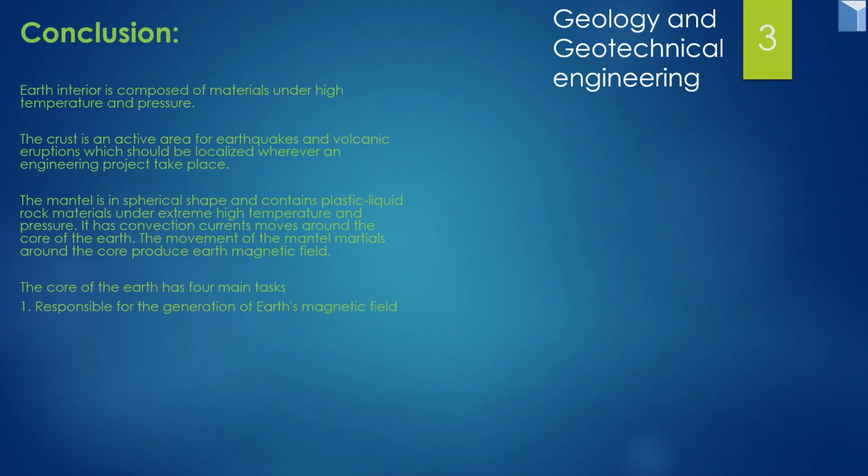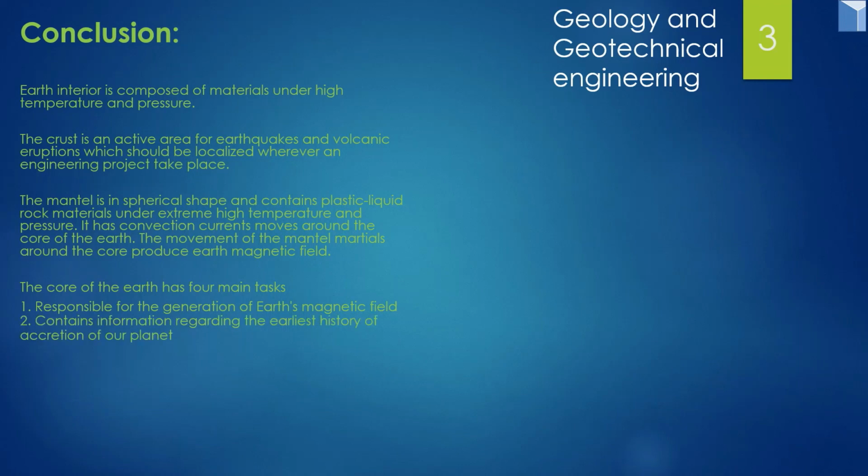The first one is responsible for the generation of the Earth's magnetic field, in collaboration, of course, with the materials in the mantle, which, suffering from the convection currents, move from the high pressure and temperature to lower pressure and temperature near the Earth's crust.